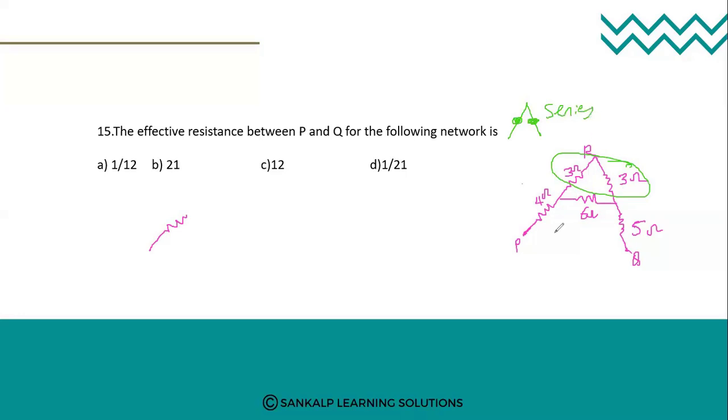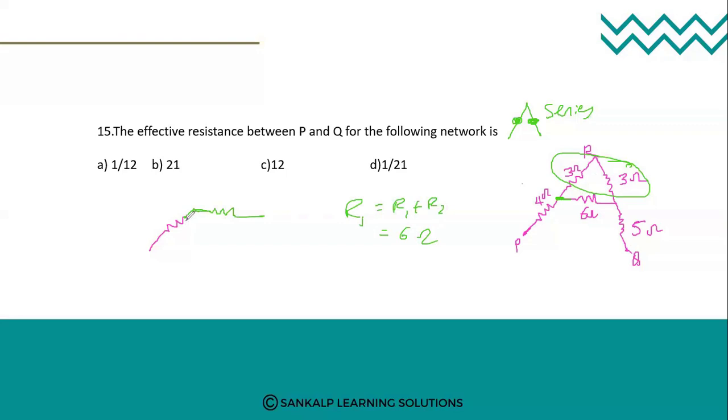It is not in series with the 4 ohm because here you can see one more connection is there, right? So therefore the 3 ohm resistors are in series combination. In series, the effective resistance will be R1 plus R2, which is 3 plus 3 is 6 ohm.